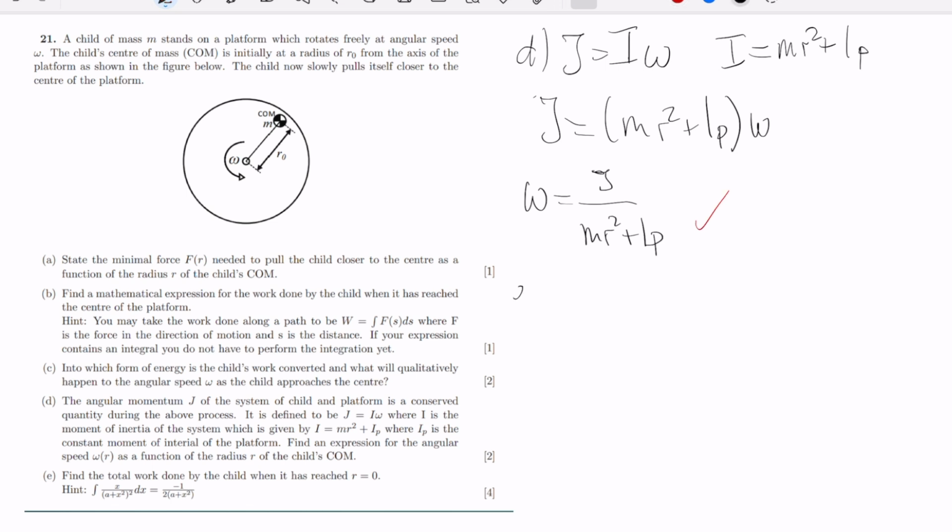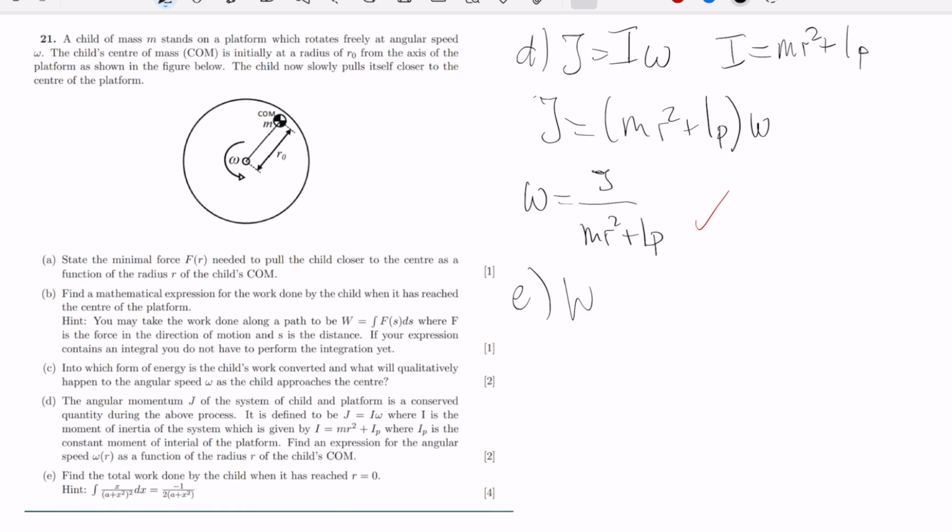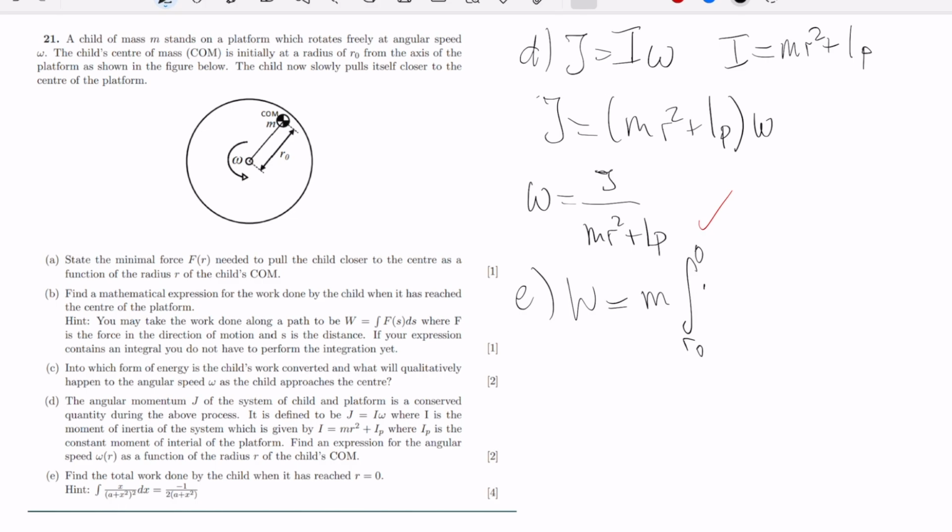Now part E, we need to find the total work done by the child when it has reached r equal to 0. So in the previous part we essentially did an integral. We said that the work done will be equal to the integral of the force between 0 and r naught, and then we've got m omega squared multiplied by r dr. Now it's time to evaluate this integral, and notice that they've given us a hint which is going to make the integration a lot easier, hopefully.